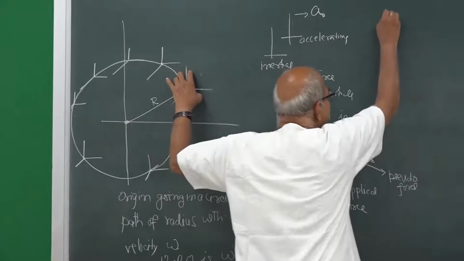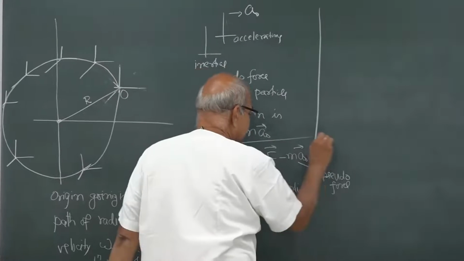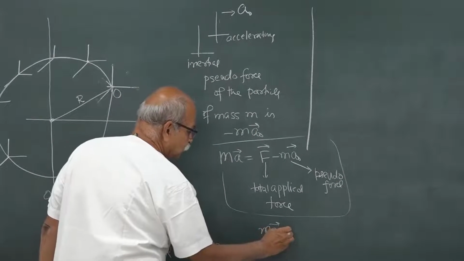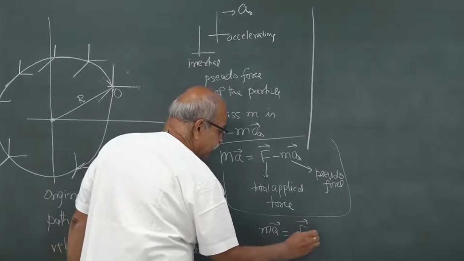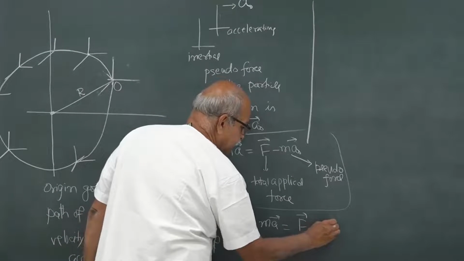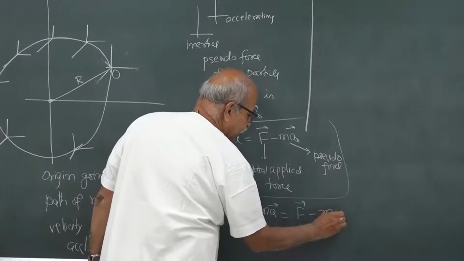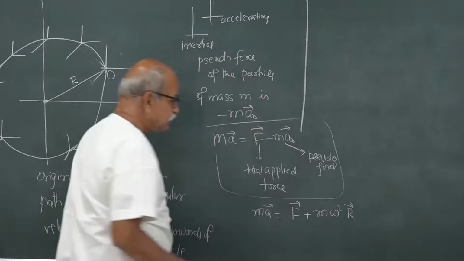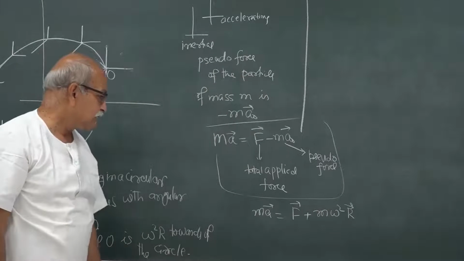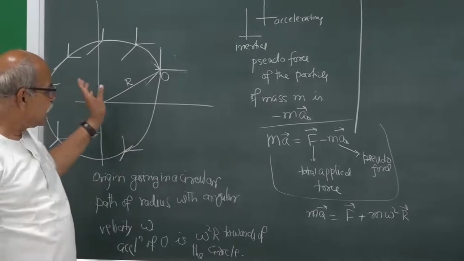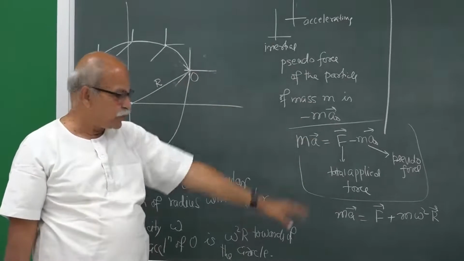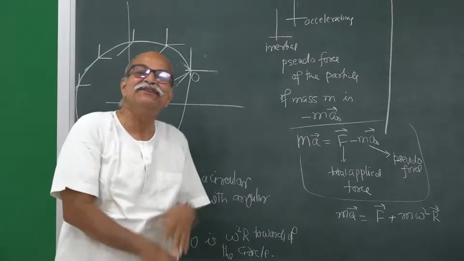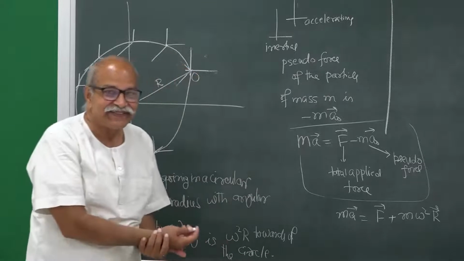For this frame also we will have the same equation: m a is equal to total force F, and minus m into omega square into r vector, plus here, because you have another minus. This acceleration is inward and therefore this is outward. I am not calling it centrifugal force, although it looks like centrifugal force.